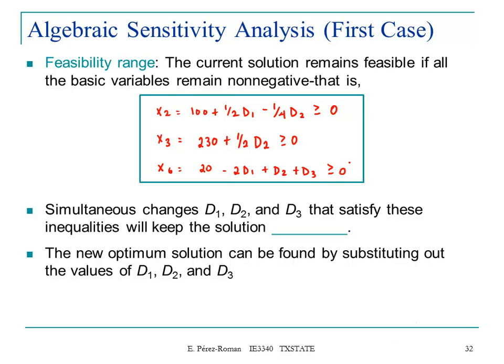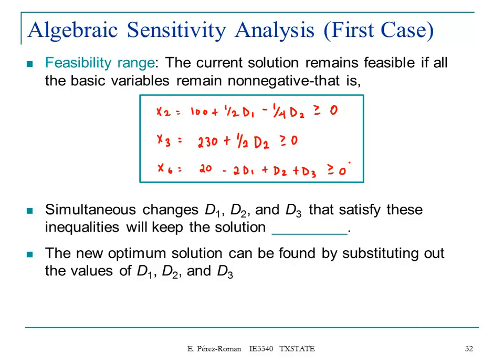And I want to be able to increase those resources as much as possible so I can make more money. But what happens if I increase these values over the feasibility range? The optimal solution will change. So I need to know the ranges so I can increase these resources as much as possible and keep the same optimal solution.